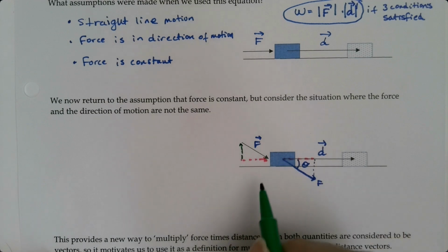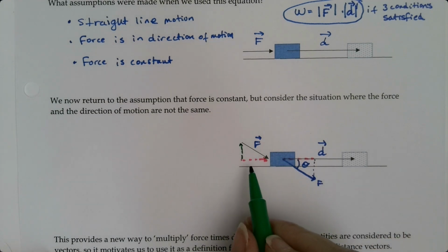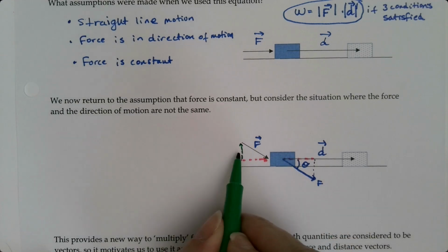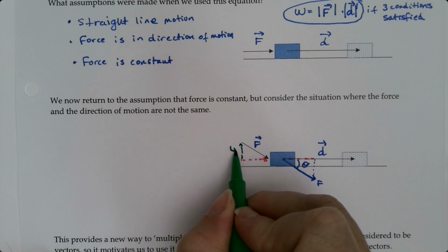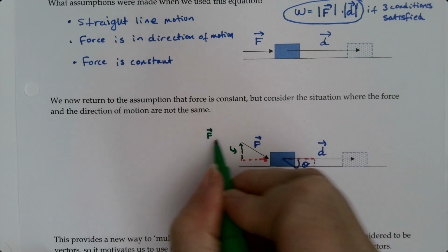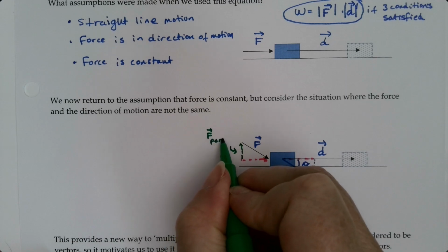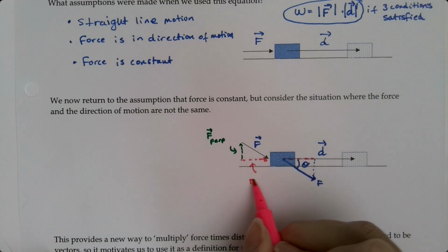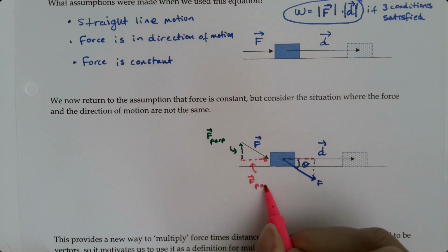So there's two pieces: the force that's going parallel to the direction of motion and the force piece that's going perpendicular. So if you will, this is the force vector piece that's perpendicular to the direction of motion, and this is the force piece that's running parallel to the direction of motion.